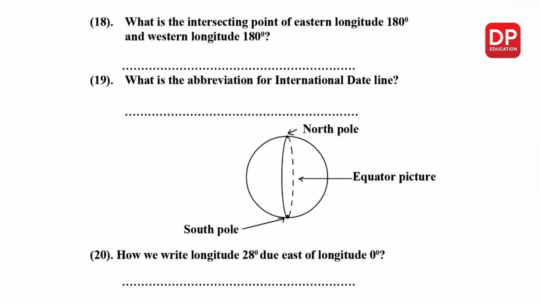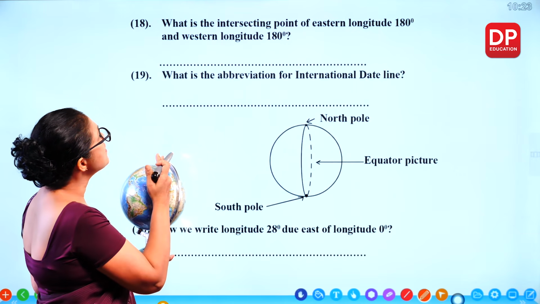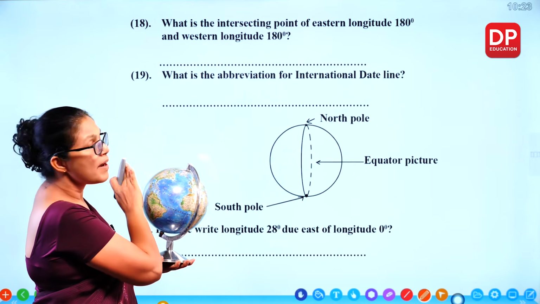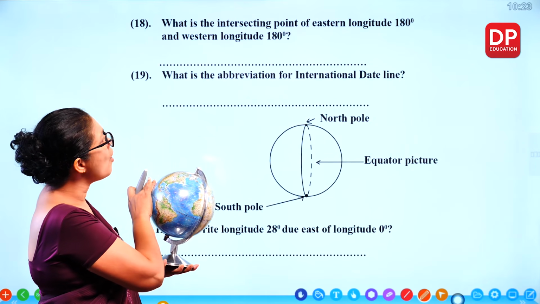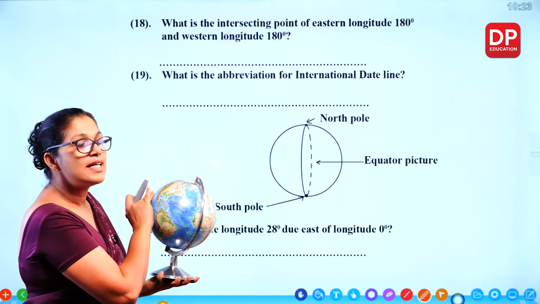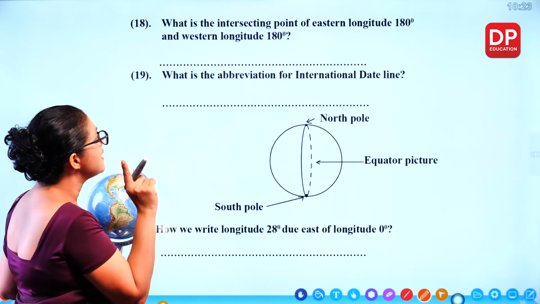What is the intersecting point of eastern longitude 0 to 180 and western longitude 180? What do you call that? That's the International Date Line.